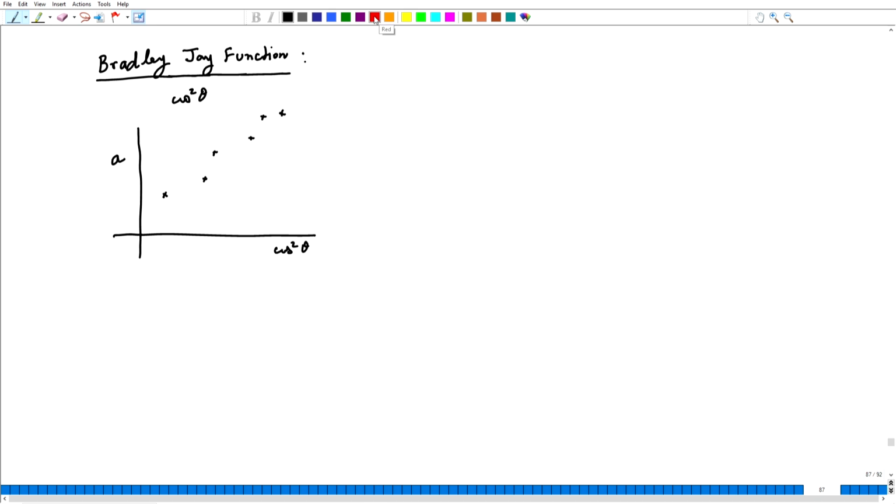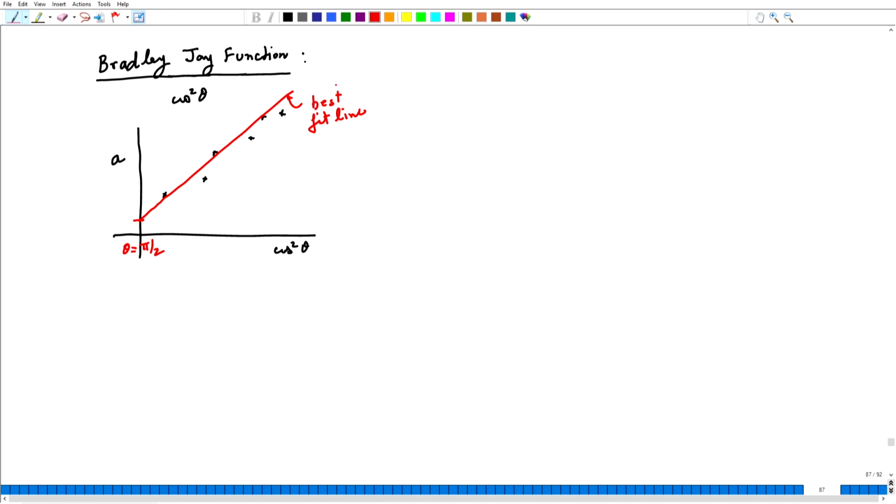Now, here we fit a straight line. One can use the least square method for doing this fitting, and suppose this is the best fit line. It will intersect the vertical axis at this point where cos square theta is 0, which means theta here is pi by 2.